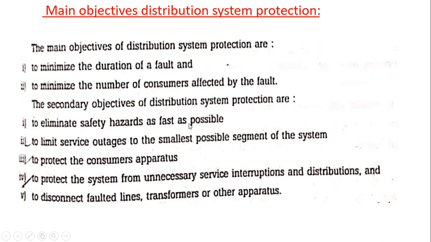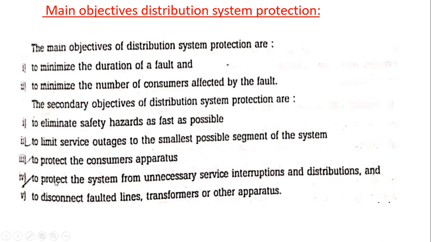To limit the service outages to the smallest possible segments of the system, and also to protect the consumers and operators. We are protecting the operators and consumers during the faulted conditions.